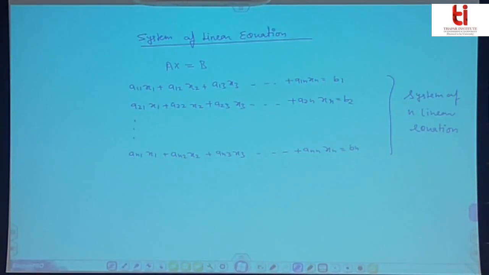So the very first method that we are going to discuss for the solution of a system of linear equations is the Jacobi method. So what is the Jacobi method?